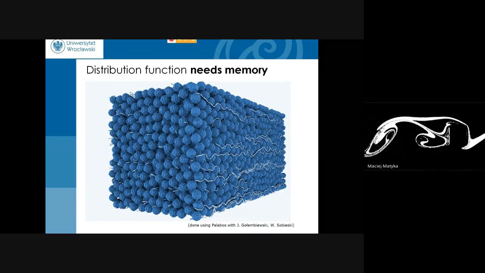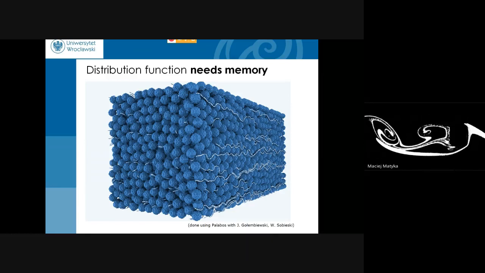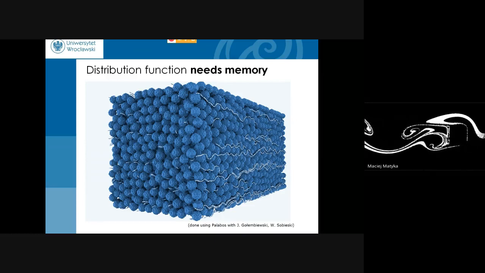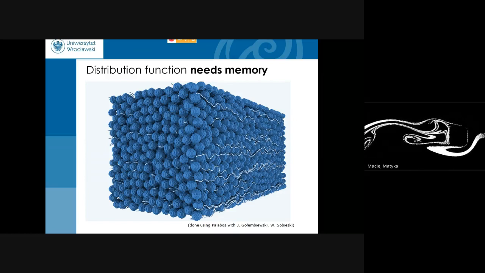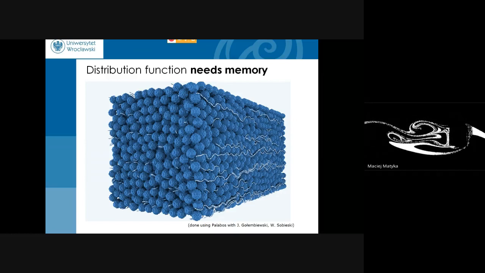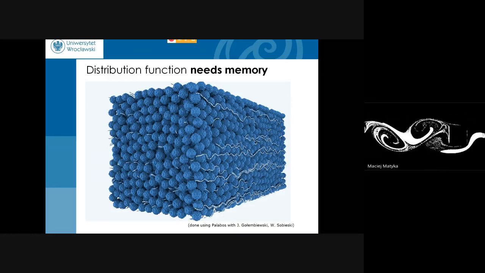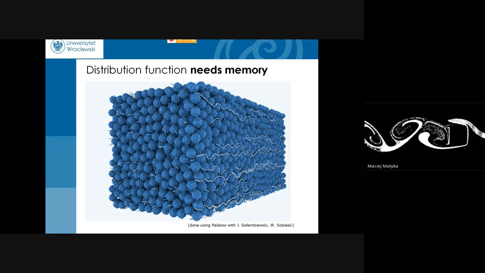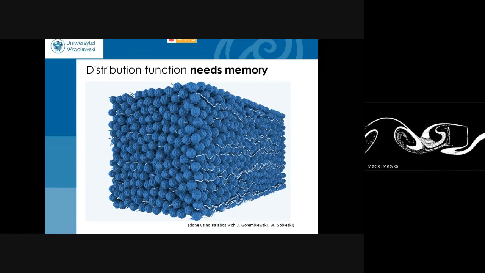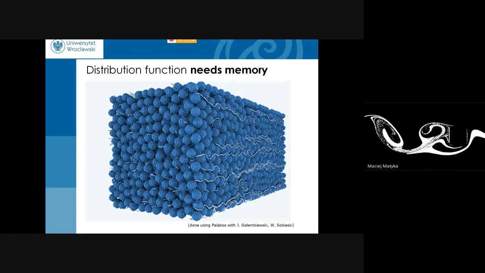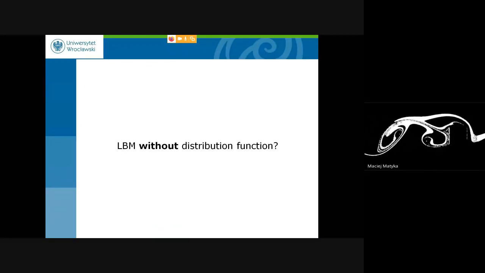It was done with Palabos some years ago with my PhD student Jarek Gołębiewski and Wojtek Sobieski, and we were trying to calculate the distribution function of velocity in porous media like this. So you can imagine how much memory was needed to simulate these systems. Of course, you can always go for large clusters and so on, but for some reasons and some applications, decreasing memory in lattice Boltzmann may also be a nice goal to achieve.